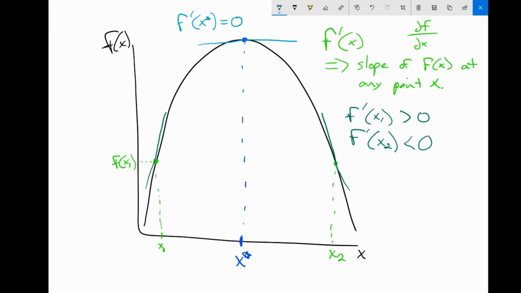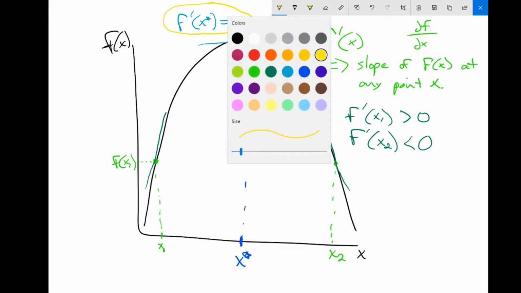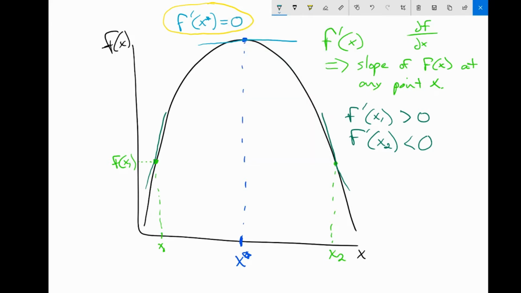If we keep moving beyond it, the slope starts to become negative. This is an incredibly important observation right here. The function has a maximum when the derivative equals 0. We can take advantage of that as a tool to help us figure out what x star is.